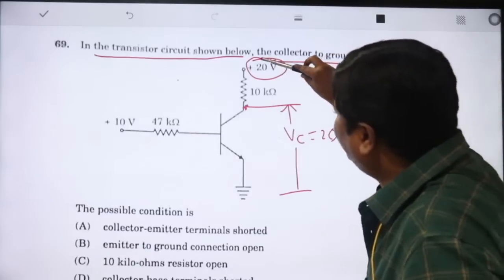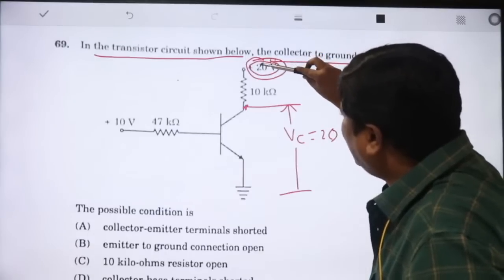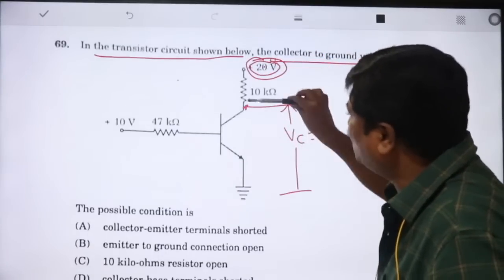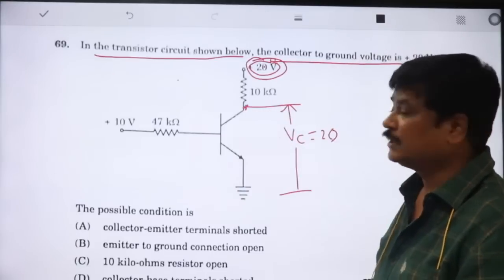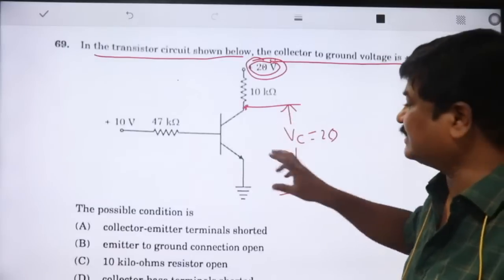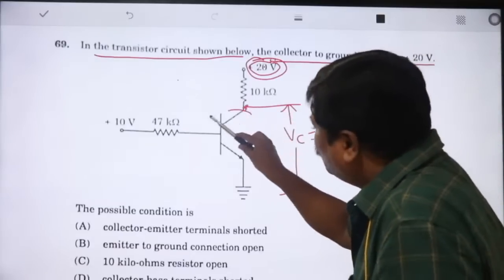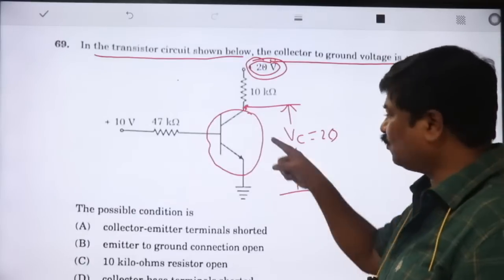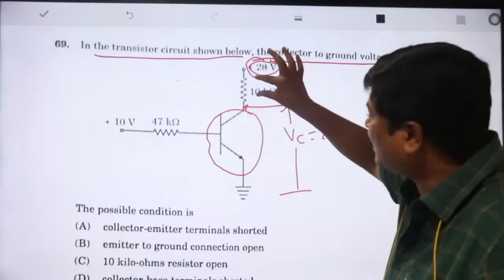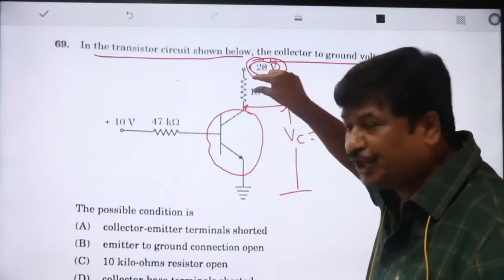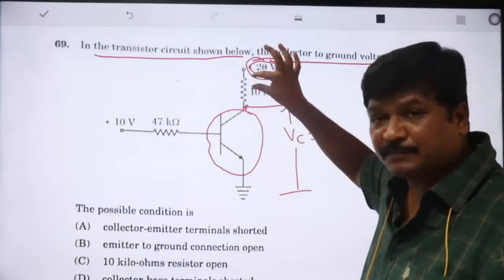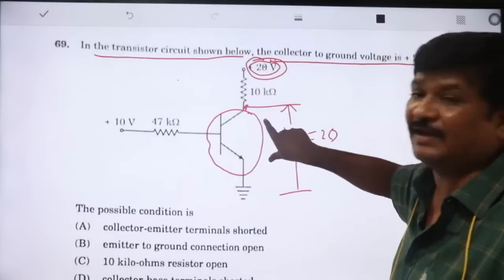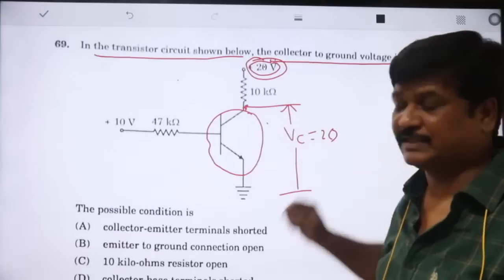Whatever voltage is available here, the entire voltage has to appear across this one. So the only possibility is to make an open circuit between this. If you make an open circuit, IC becomes 0 and the drop across this one is 0. The 20 volts will be available here.